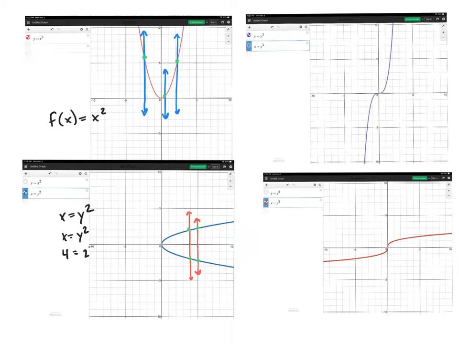It could be 2 squared, or 4 could equal negative 2 squared. This same input 4 has two outputs, 2 and negative 2. So this relation, x equals y squared, is not a function.